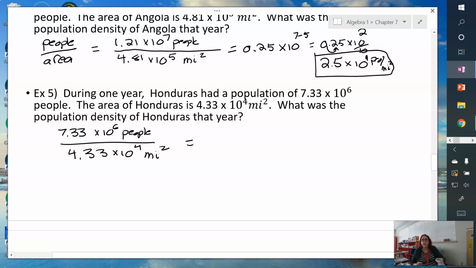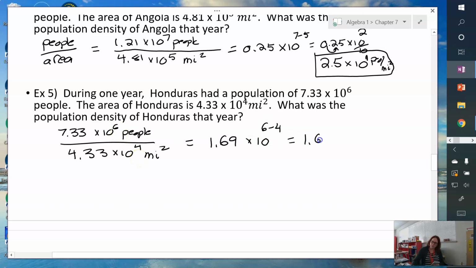So let's go ahead and see what the population density of Honduras was. 7.33 divided by 4.33, I get a 1.69 times 10 to the 6 minus 4, because I have 10 to the 6 over 10 to the 4.